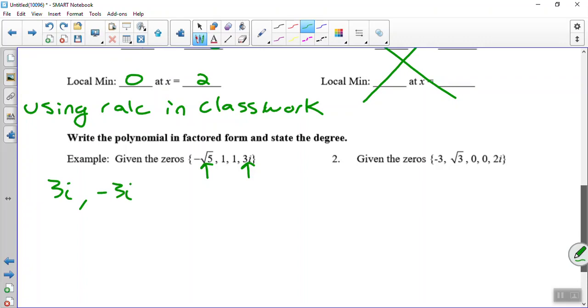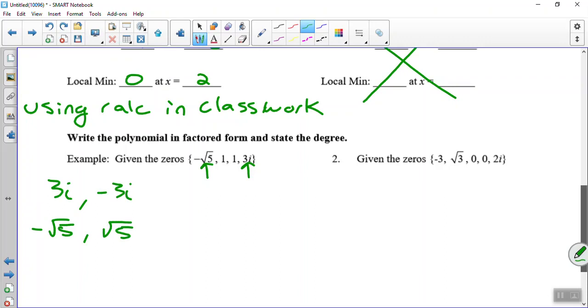The same applies to this square root of 5. Okay? Radicals also come in conjugate pairs. So if negative root 5 is a root, that means positive root 5 is a root.